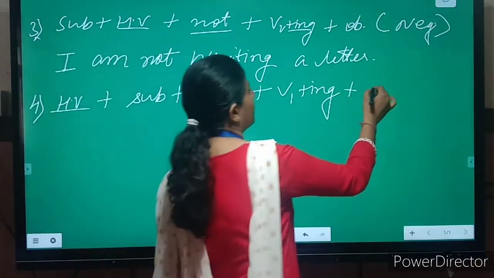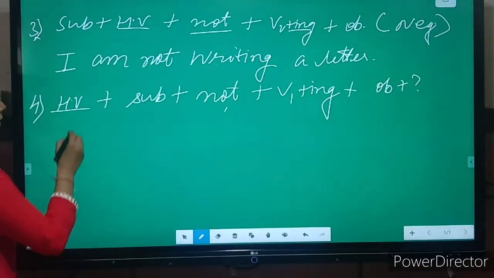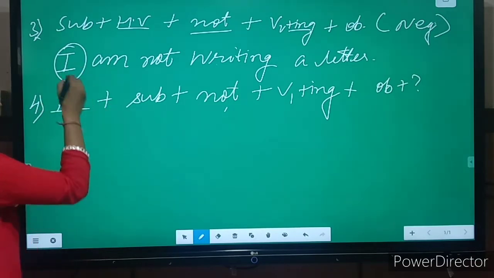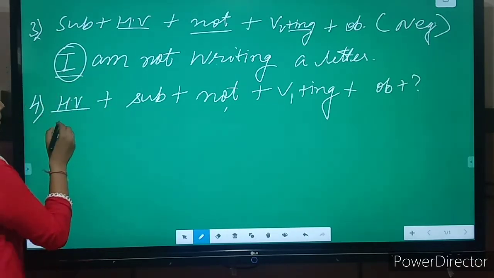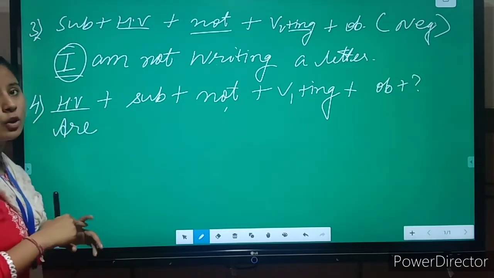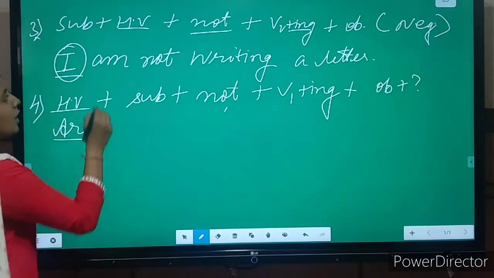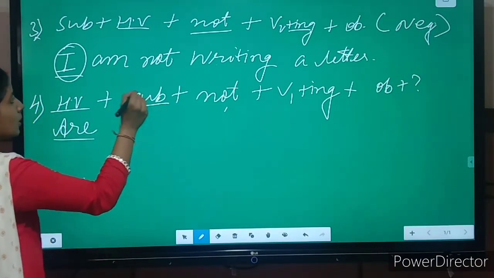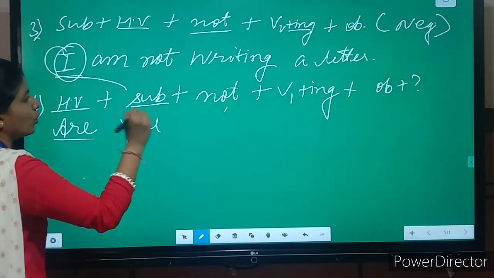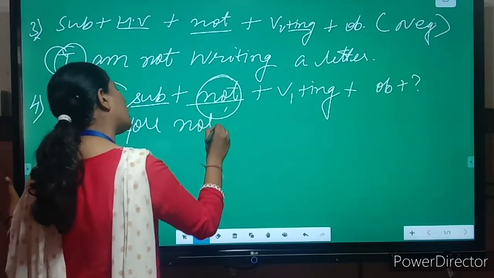And then you will add object plus question mark. So let's change the sentence into interrogative negative. First, as I told you, you have to change the subject into you. That is I into you. Clear? So along with I we use am, along with you we use are, right? With you we have to use are. Clear? After that we will see the subject, into what did we have to convert I? Into you. Are you. Then according to the structure we have to use not.